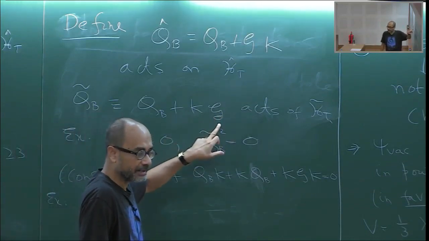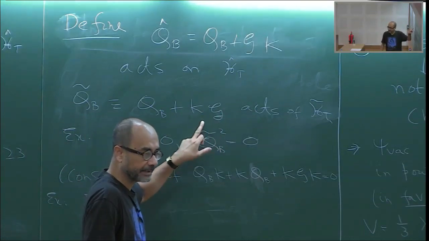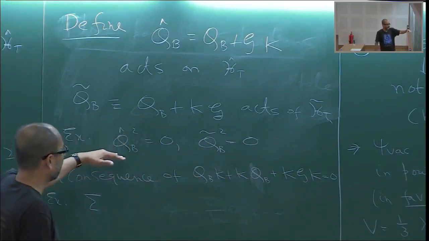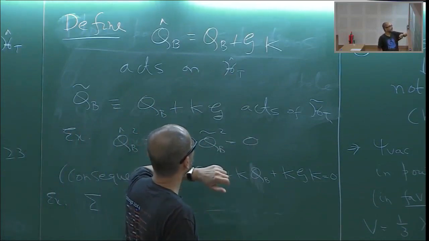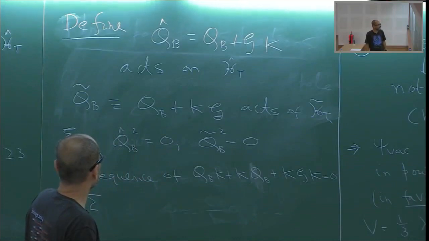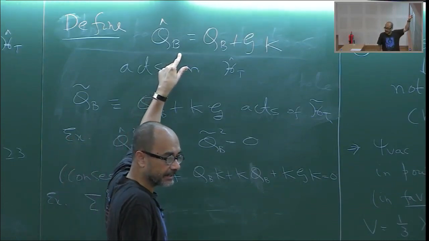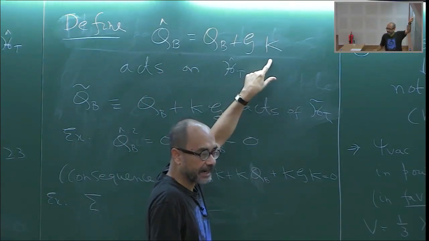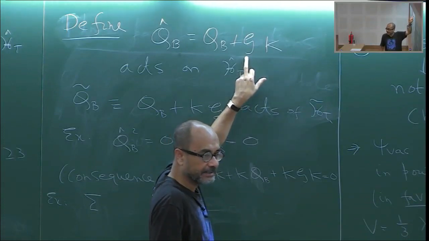You have to first act with G to bring it into a state in H hat, that's the picture changing operator, then you can apply K. On the other hand, QB hat should act on states in H hat and give you back states in H hat. But K acting on a state in H hat gives you back a state in H tilde, and you have to bring it back to a state in H hat, and that is done by G.